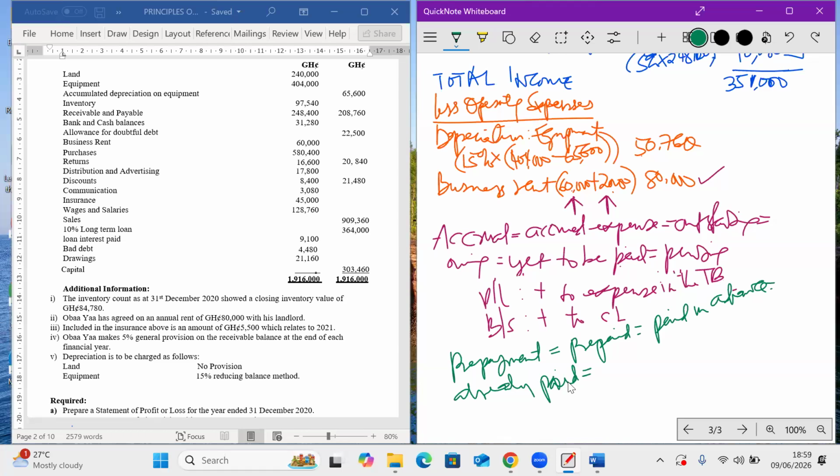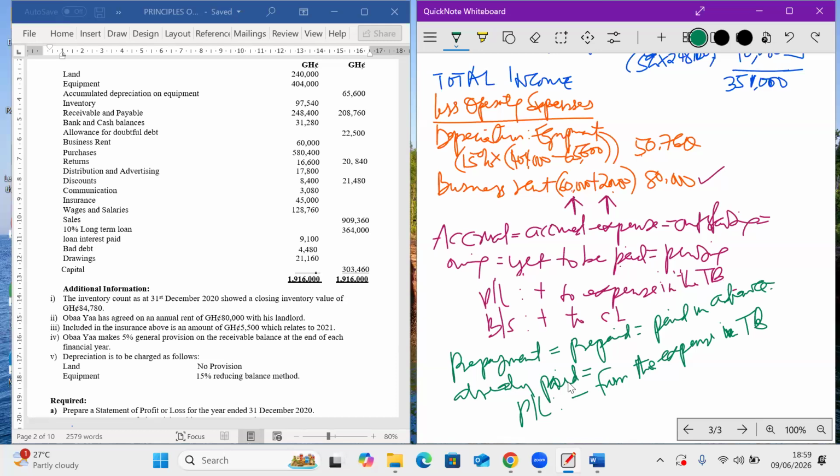Prepayments are for the subsequent year. So in the P&L, you subtract the prepayment from the associated expense in the trial balance.